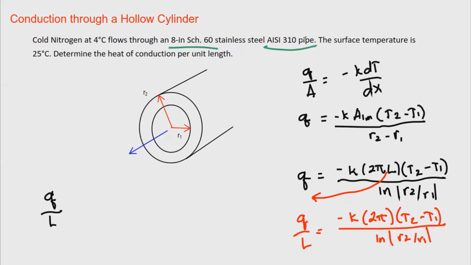So let's first find the radius, since it is a lot easier to find on our table. We'll be using our Perry's Handbook again, and we'll be looking for our 8-inch schedule 60 stainless steel pipe.